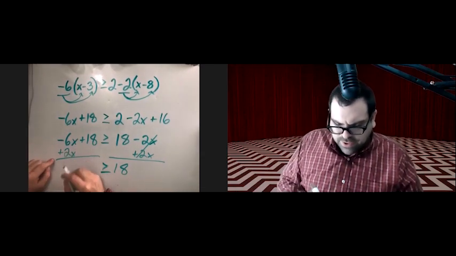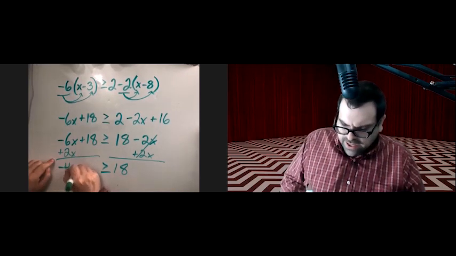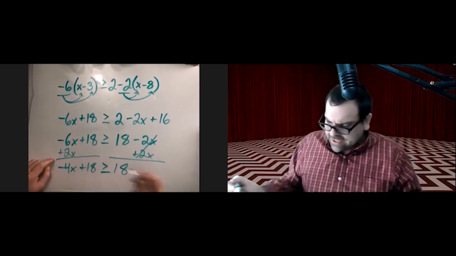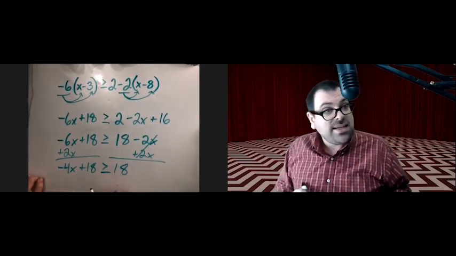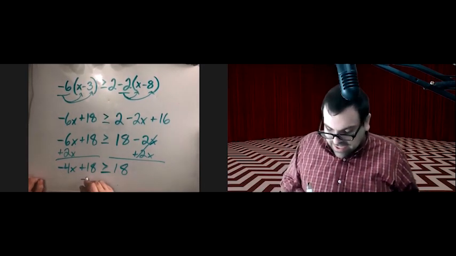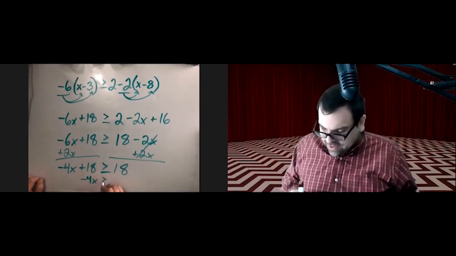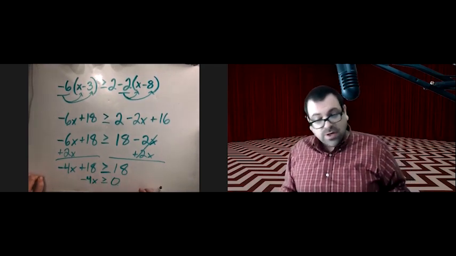Negative 6x plus 2x is negative 4x plus 18. If I subtract 18 from both sides, I get negative 4x is greater than or equal to 0.